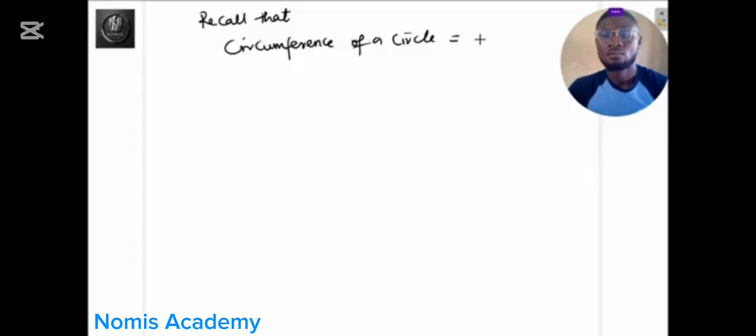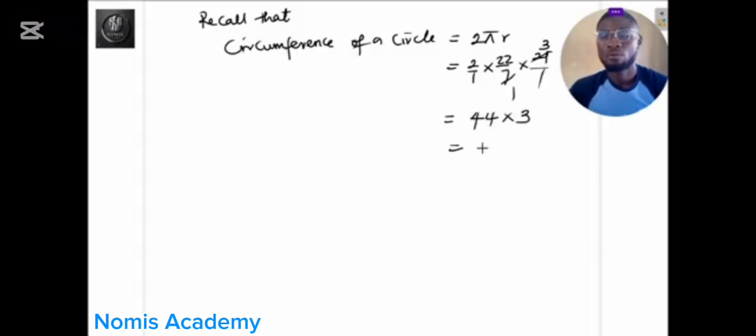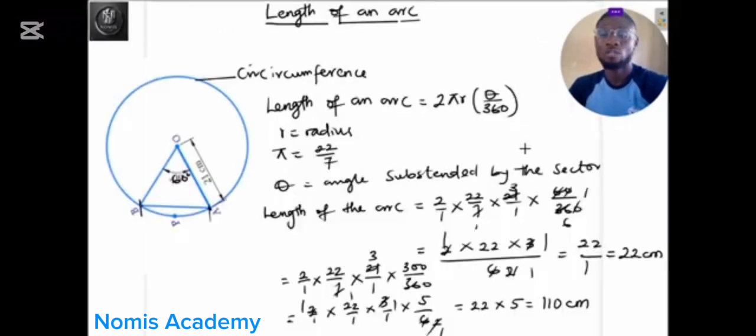So that is 2 over 1 multiplied by 22 over 7 multiplied by the radius, which is 21 centimeter. So 7 here 1, 7 here 3. So I'm left with 2 times 22 is 44 multiplied by 3. So 44 multiplied by 3 is 132 centimeter. Can you see the total length of the circumference? Can you see that the major arc plus the minor arc gives us 132 centimeter?